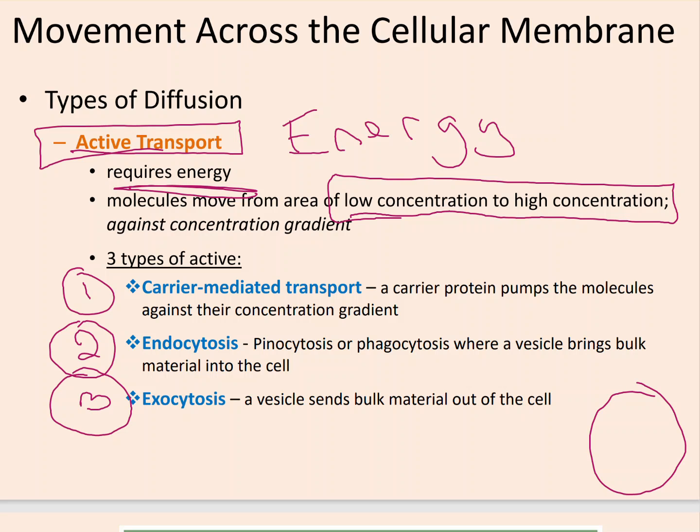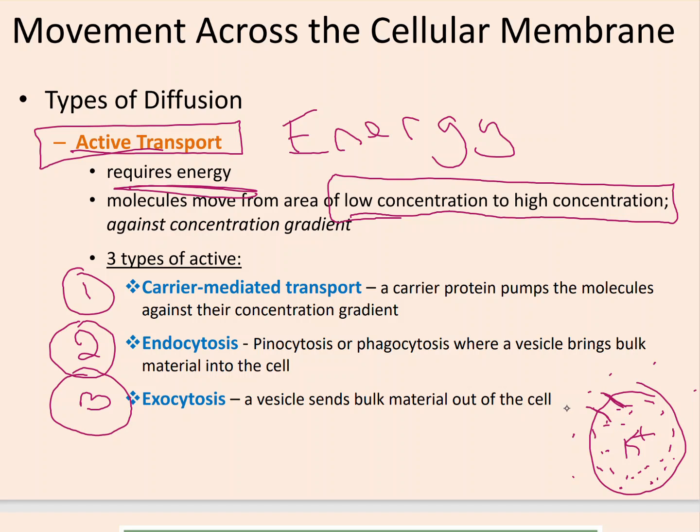So say you had a lot of potassium inside the cell, and little potassium on the outside of the cell, and for whatever reason you want more potassium to come into the cell.